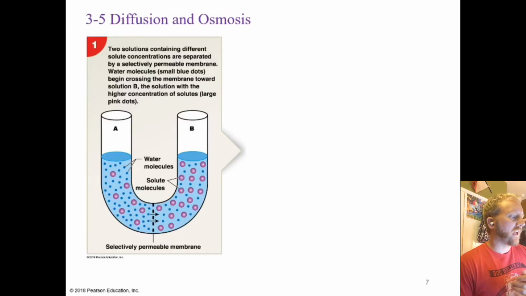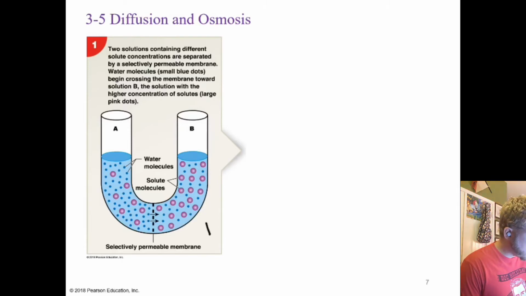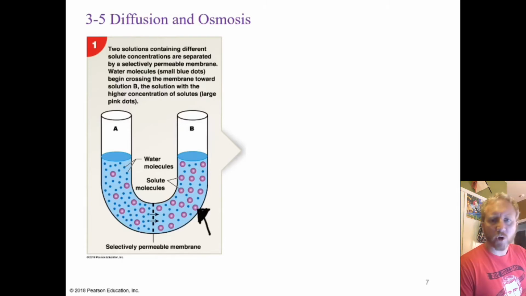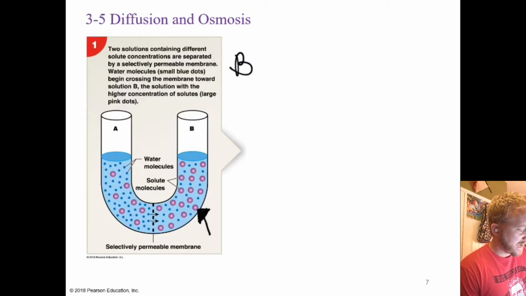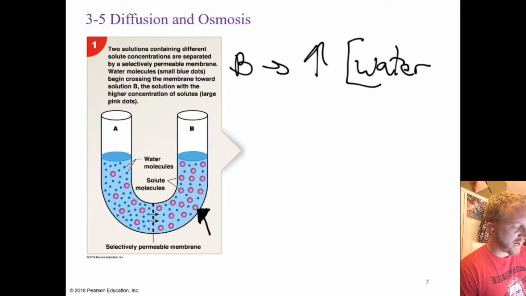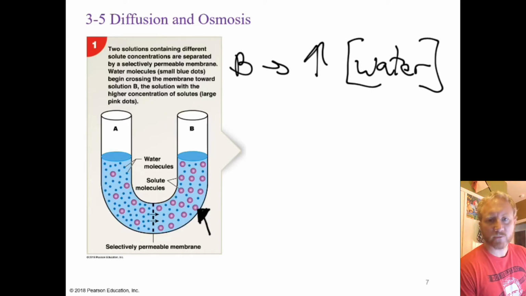And so one side has a higher solute concentration, right? It's got more of the purple bubbles. That's going to mean that side B has a higher water concentration. And when I put brackets around it, that just means concentration. Okay, think back to chemistry.